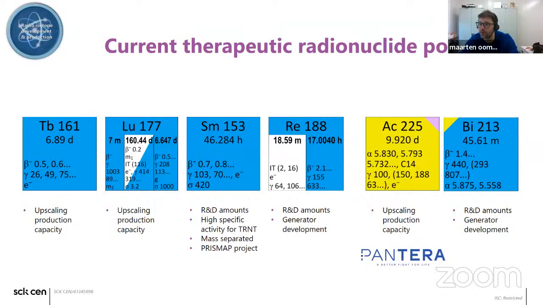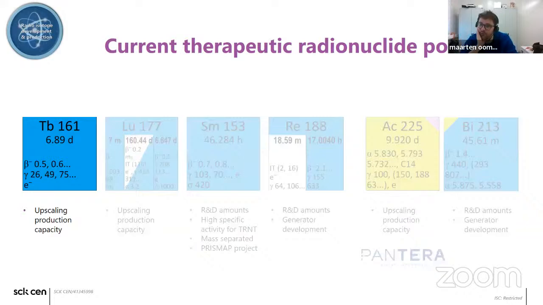We have a few isotopes in our portfolio: lutetium-177, which is often used, samarium, rhenium, and we're also collaborating with Pantera, which is a joint consortium between SEK and IBA on upscaling and getting high amounts of actinium for clinical patients. However, what I would like to talk to you about is a bit of the Terbium-161 story, which is what we now consider our flagship isotope, and that we try to produce in large amounts.